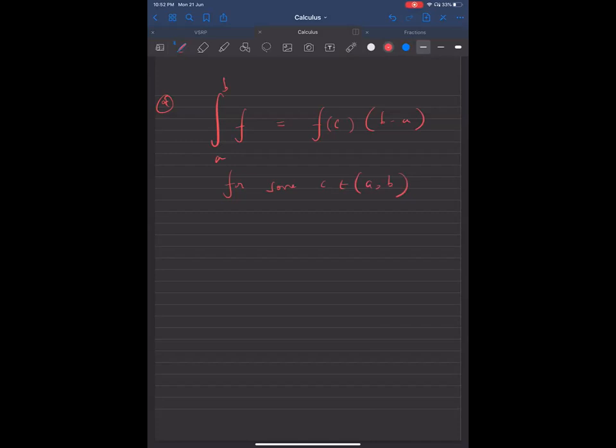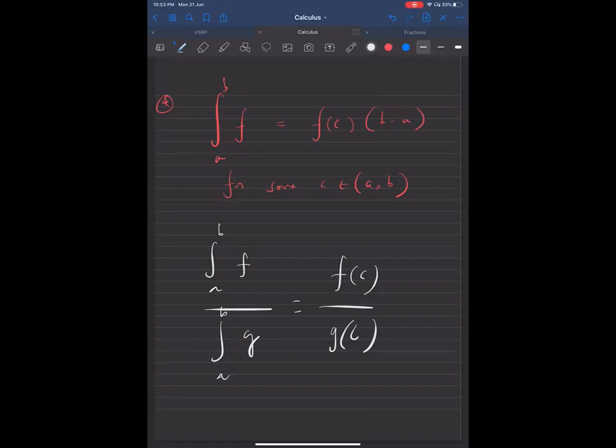And if there are two integrable functions, something like this also will hold, with g.